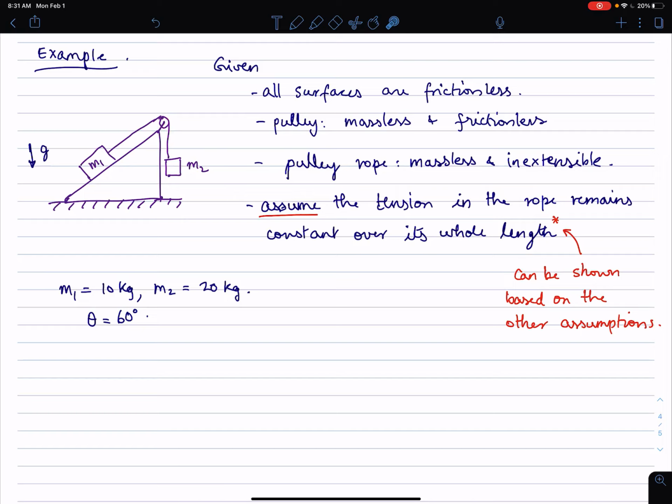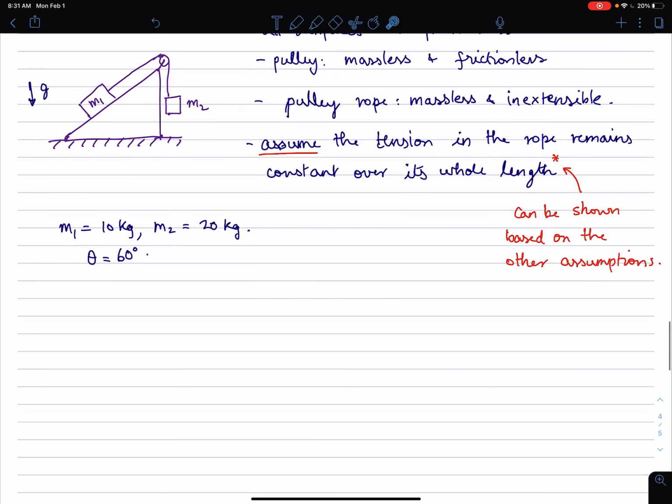But basically, you can assume for now that the tension in the rope remains constant, okay? If the pulley is massless and inextensible. I'll come back to this assumption later, but for now we will just assume this as being given in the problem, okay?